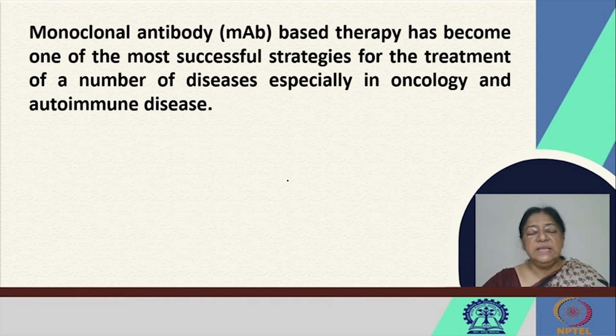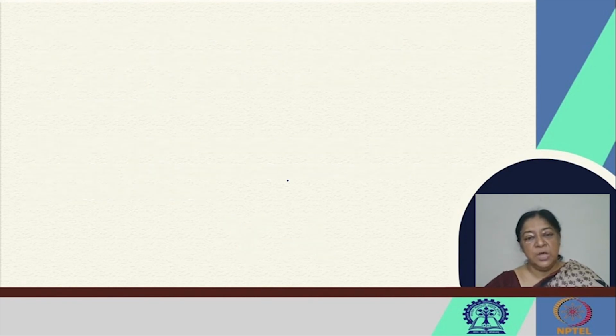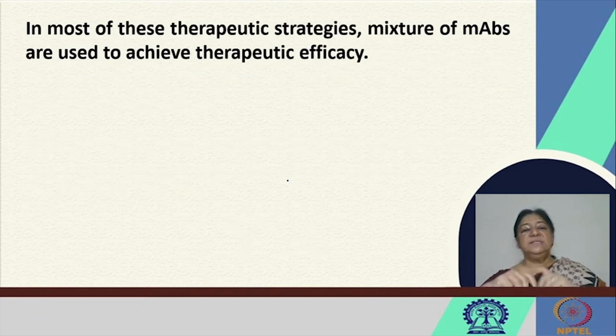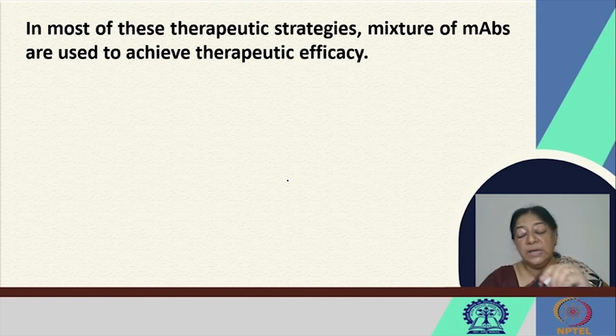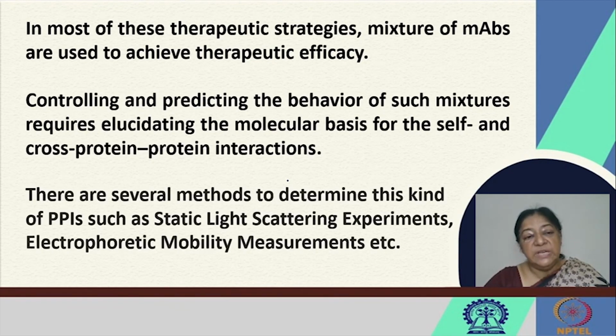They are used in specific types of diseases where detailed structural characterization of the monoclonal antibodies is required for their interactions with antigens. In this therapeutic strategy, a mixture of antibodies interacts with specific antigens, and these protein-protein interactions can be studied through several methods.